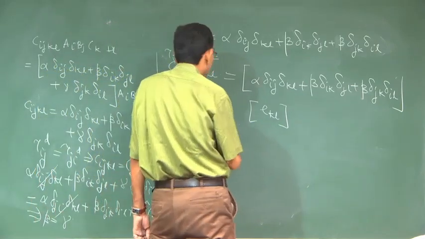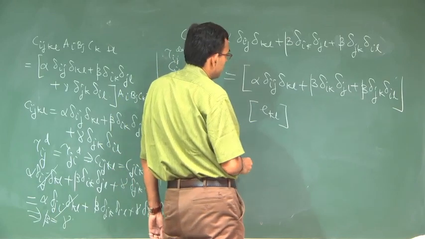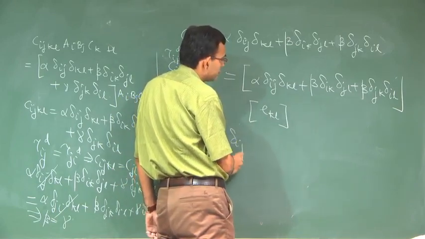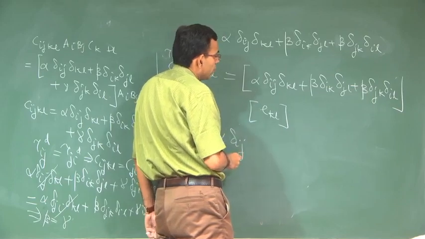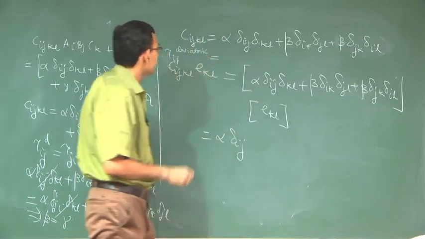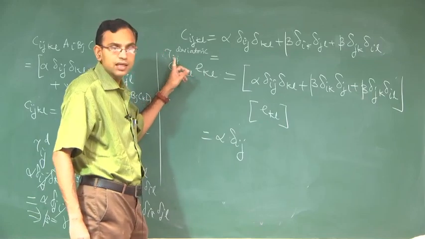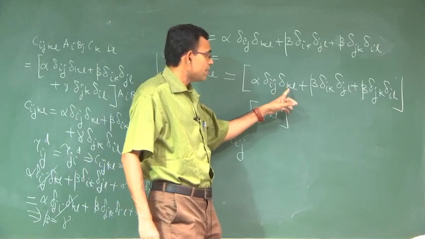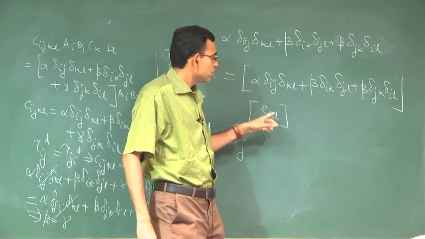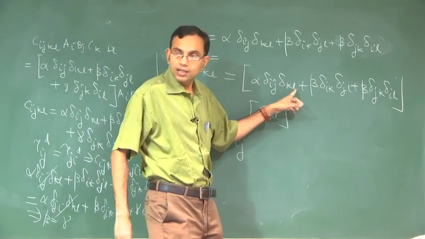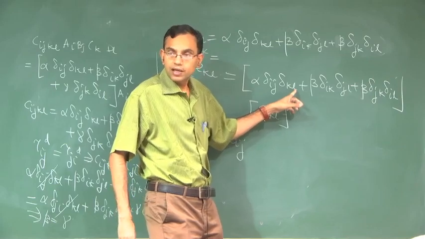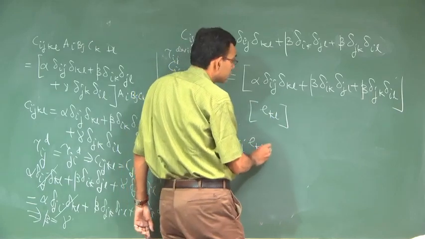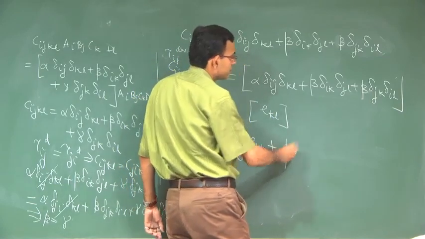So, this will be alpha delta ij. What is free here? Free is i and j. These things you really cannot sum up. So, what summation will be on k and l? So, delta kl will be 1 when l equal to k, and then this will become ekk, plus beta.